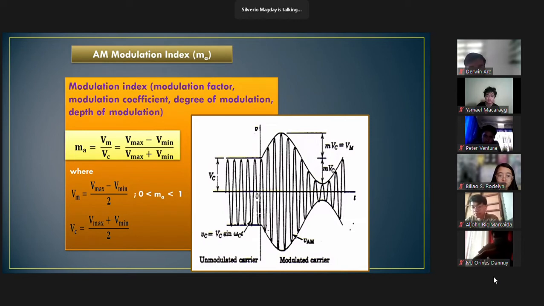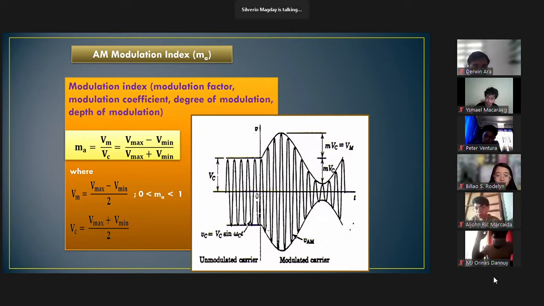So while back already, note the ratio that is your modulating voltage over your carrier voltage. We can calculate the modulation index as Vmax minus Vmin over Vmax plus Vmin.